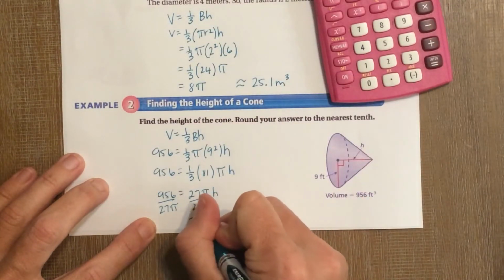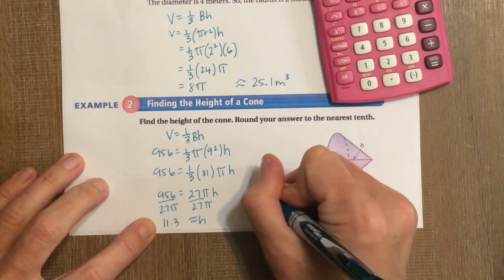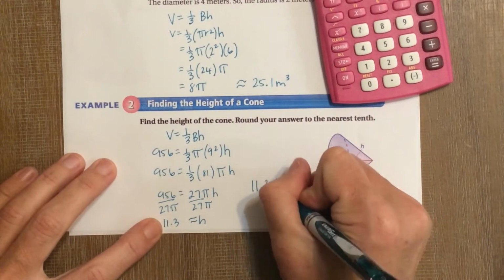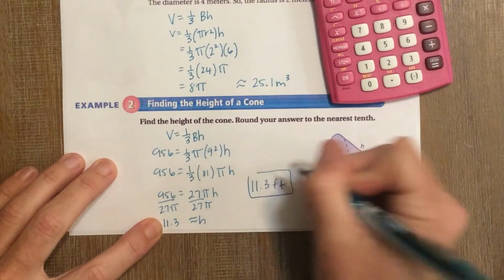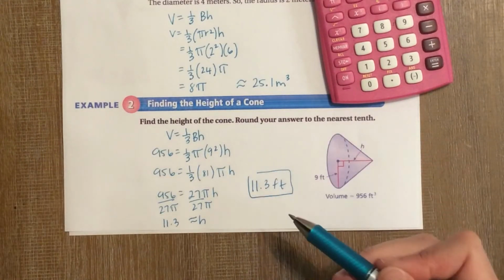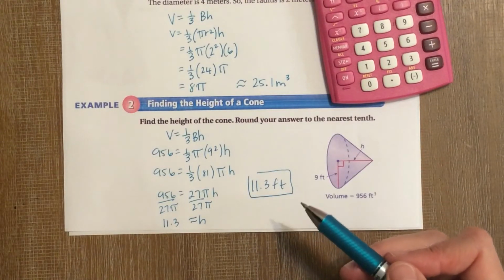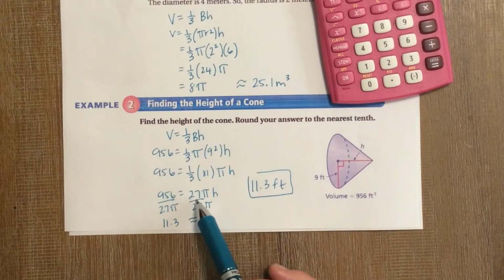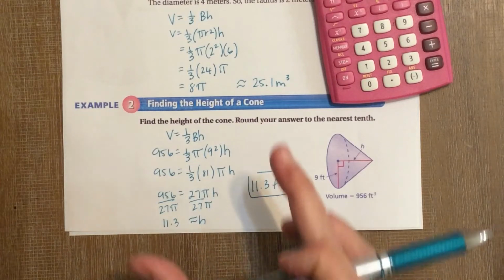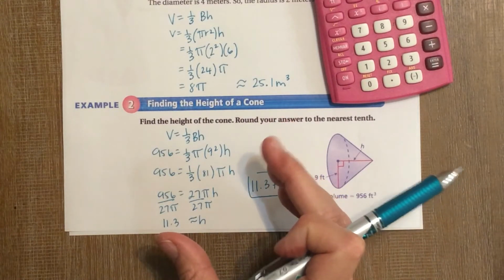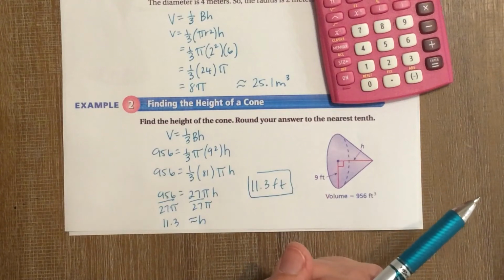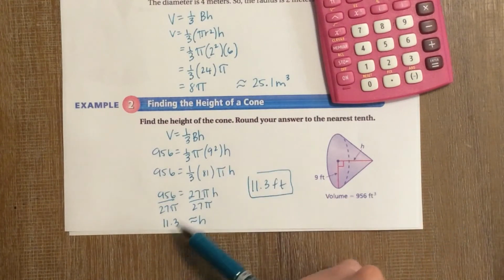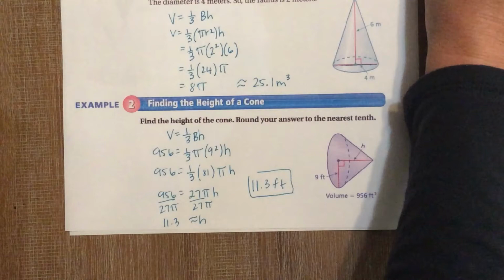So my height is about 11.3 feet. Again, if you don't have your scientific calculator or know how to make it follow order of operations, just take 27 and multiply it by pi on your calculator, and then take 4 or 5 digits past the decimal to divide, and then you should be just fine.